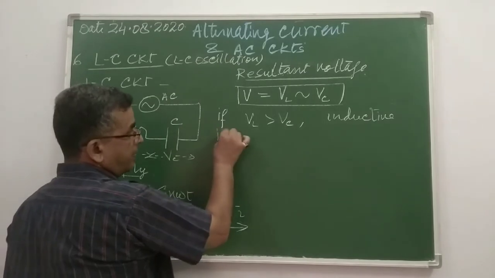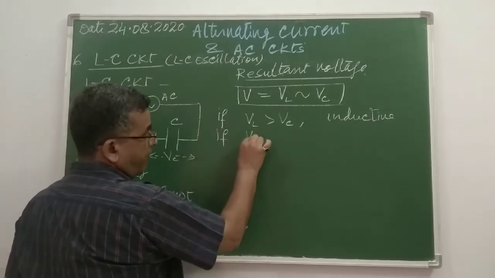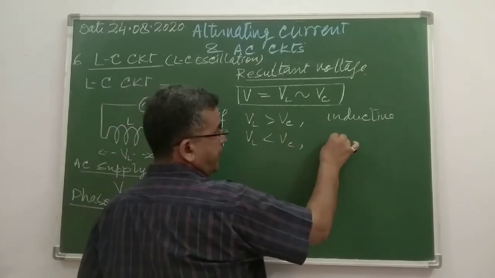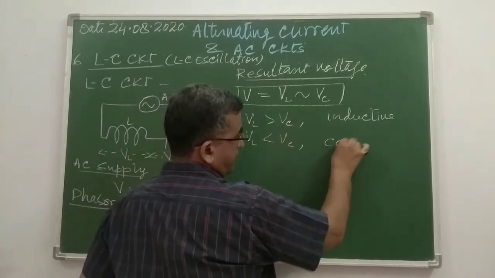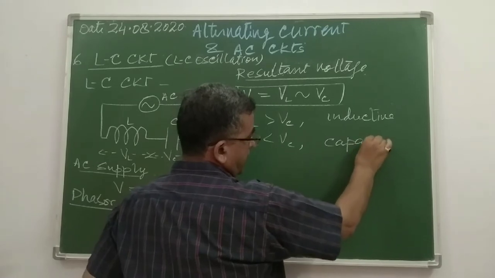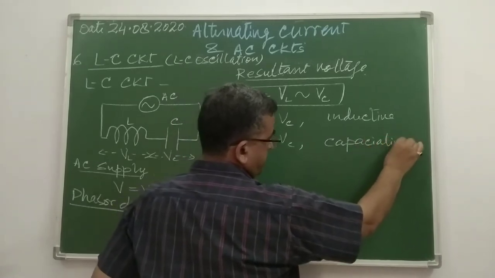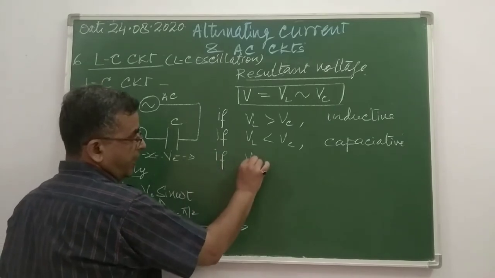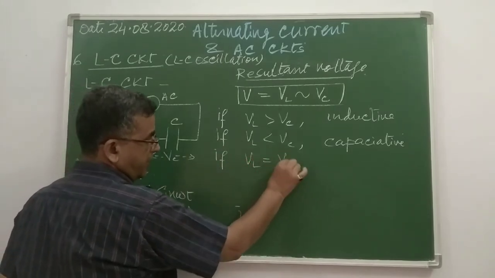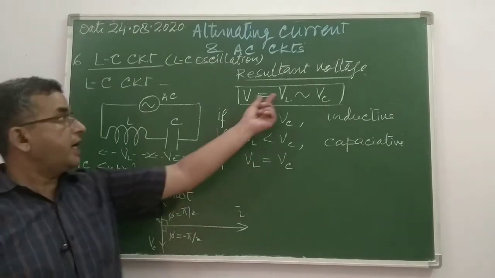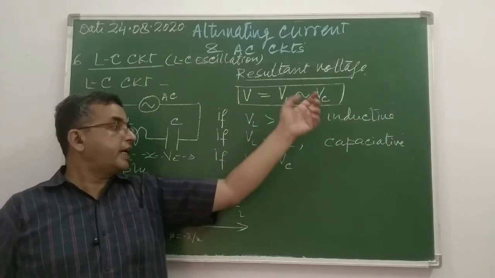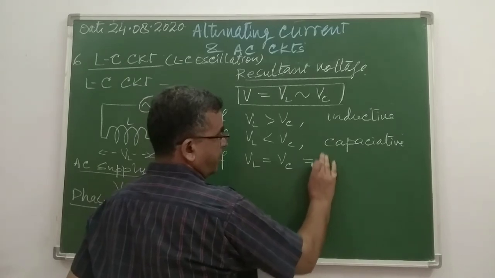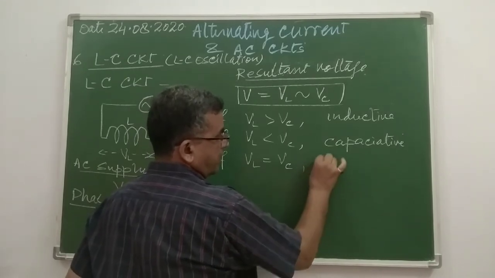If VL less than VC, so it is capacitive. If VL equal to VC, so resultant voltage is 0.